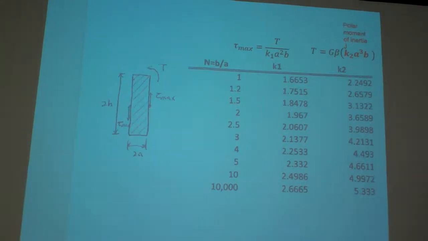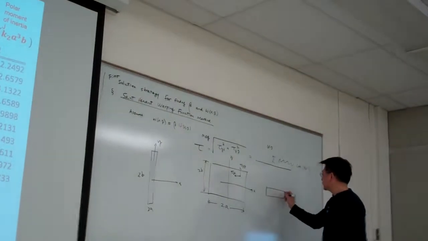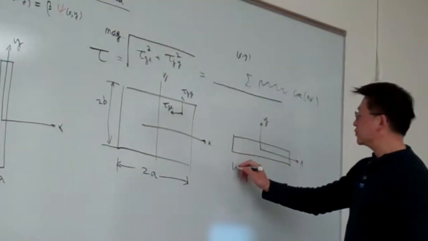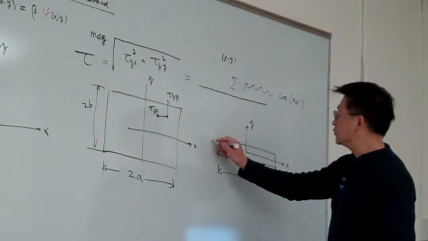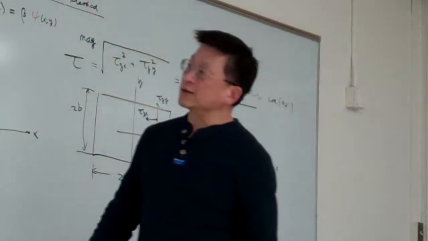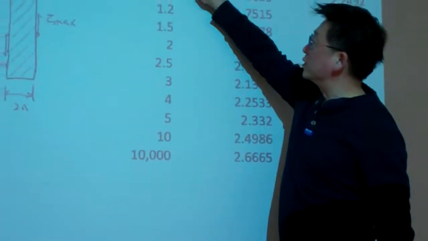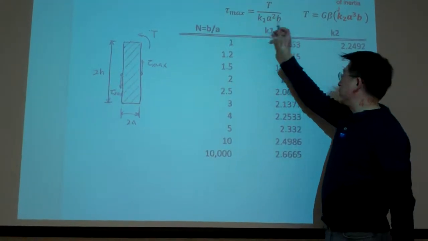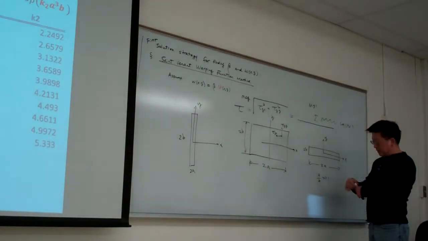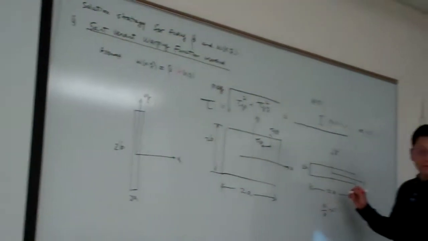So for example, if we have a shaft like this, with x and y, and this is 2A and this is 2B, and A over B is pretty big, that corresponds to the extreme case, which is not listed. So that case corresponds to here, and the maximum stress is here, at the middle of the long dimension.